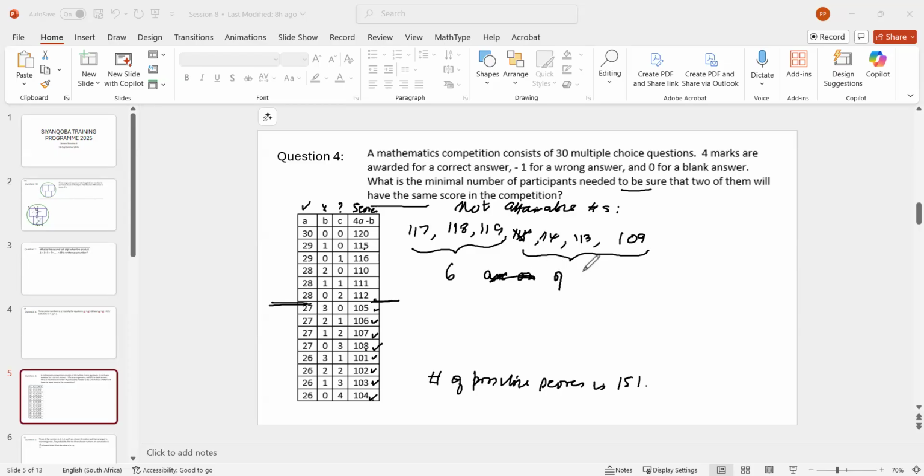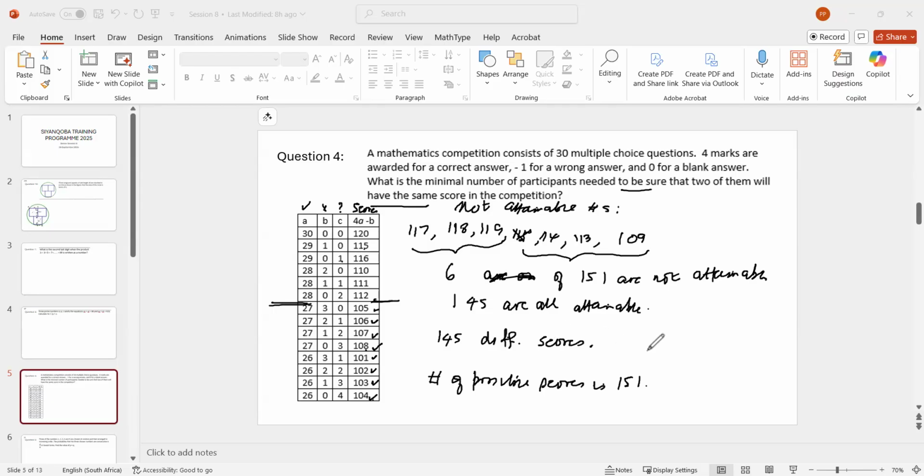Sorry. We had 151 possibilities, 6 are not attainable. All the others are. 145 are all attainable. And that's the lowest because those are the only ones which are not attainable. So therefore, you got 145 different numbers, different scores.